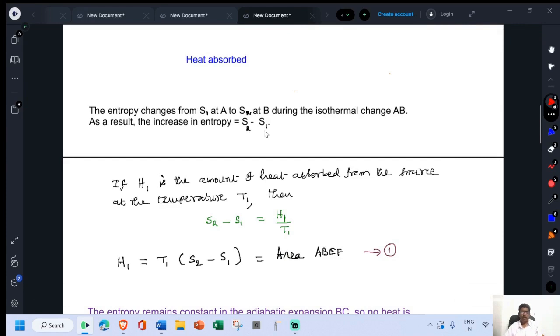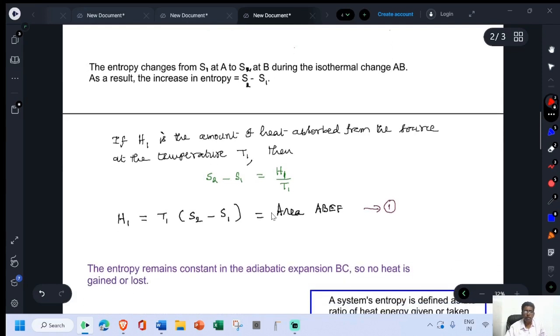If the system absorbs certain amount of heat energy, the entropy increases. If the system rejects some amount of heat energy, the entropy decreases. If H1 is the amount of heat absorbed from the source at the temperature T1, then S2 minus S1 is equal to H1 by T1. This is our increase in entropy.